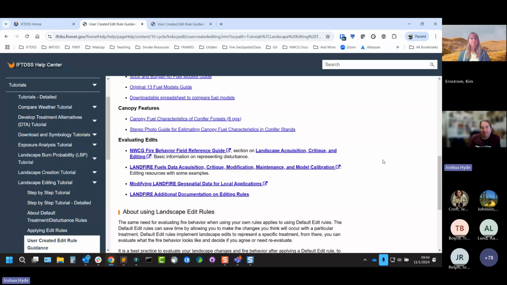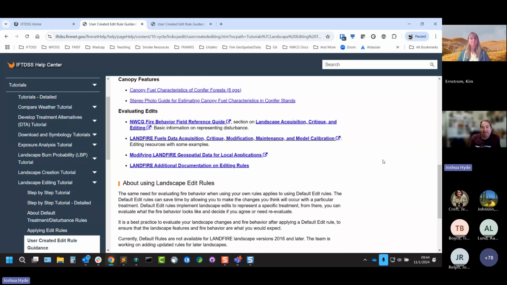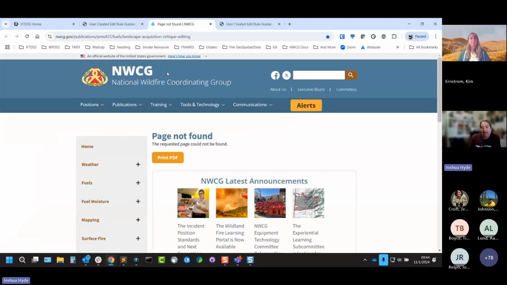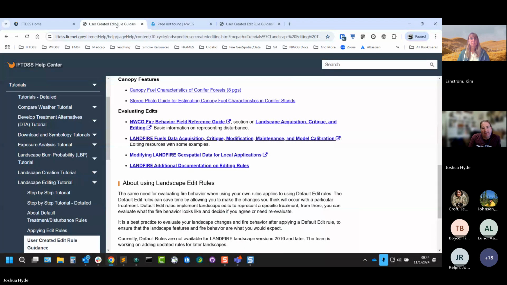And then on evaluating edits in general, we've got links to the NWCG. That's going to be fixed here on Wednesday, but links to PMS 437, and it's got a section here on landscape editing.